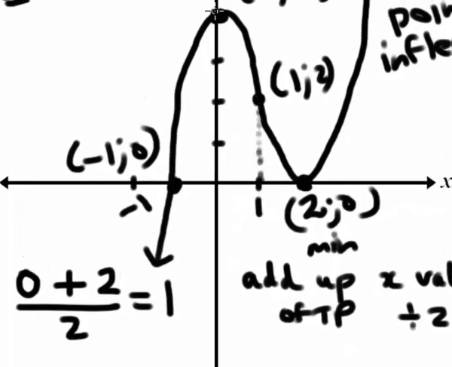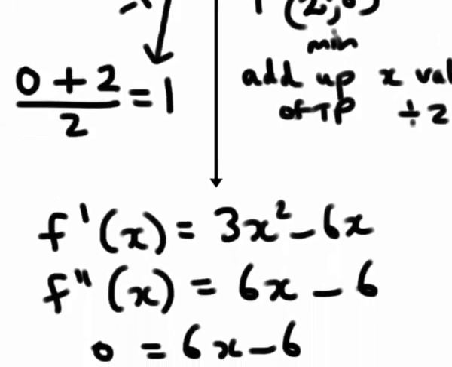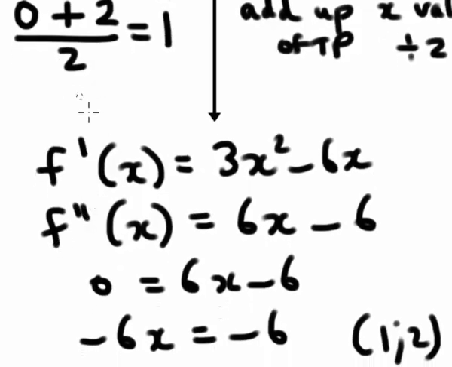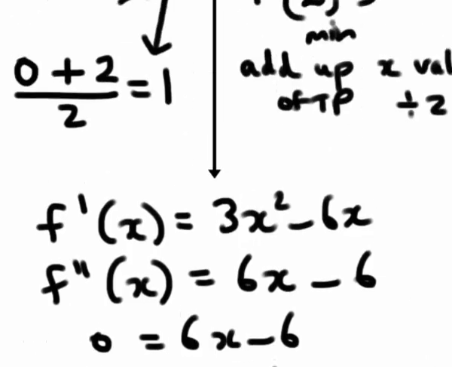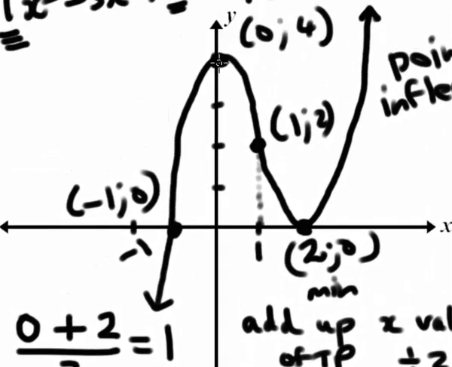So I would say get the x values of the turning points, add them up, divide by 2, and you'll have your point of inflection where the graph changes from sad to happy. Or just simply use the second derivative test, where you've got f(x), you differentiate it, do the second derivative, put it equal to naught, and there you go, you've got 1, 2. But I like this idea, it makes sense because the point of inflection happens between the two x values of the turning points.